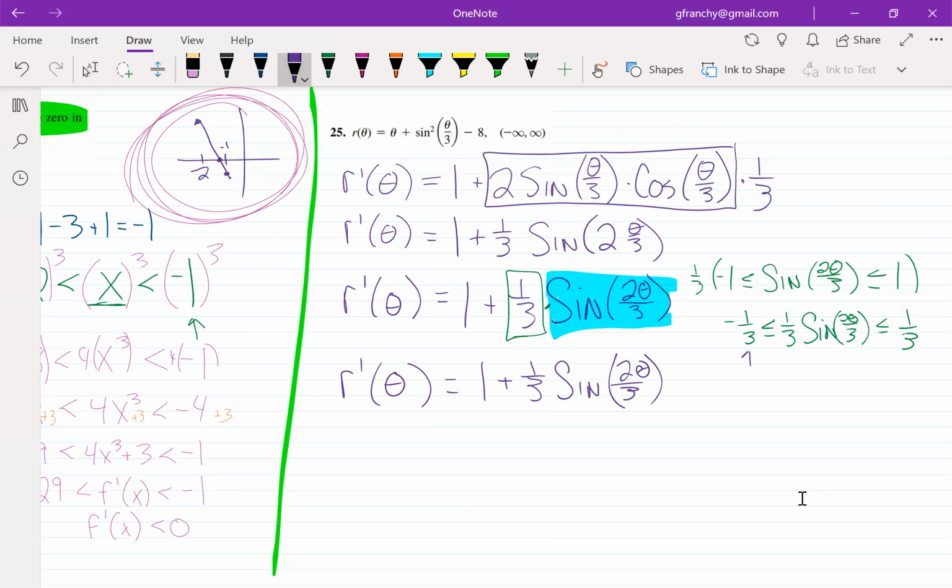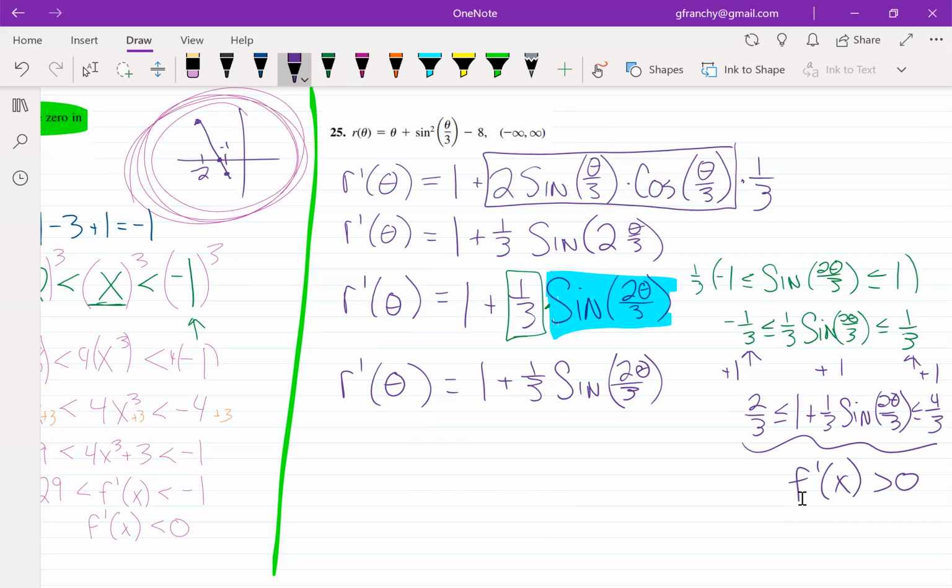If we take a look at the extreme cases here, what we can do is just go ahead and add 1 to each of those pieces, and we get 2/3 less than or equal to 1 plus 1/3 sine 2 theta over 3 less than or equal to 4/3, and that's telling us that our derivative is greater than 0 everywhere.